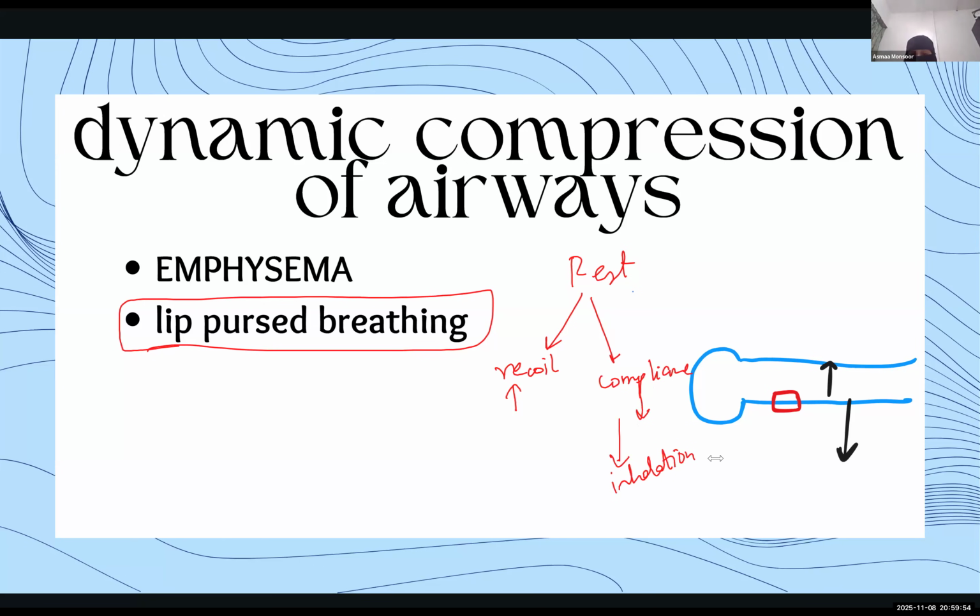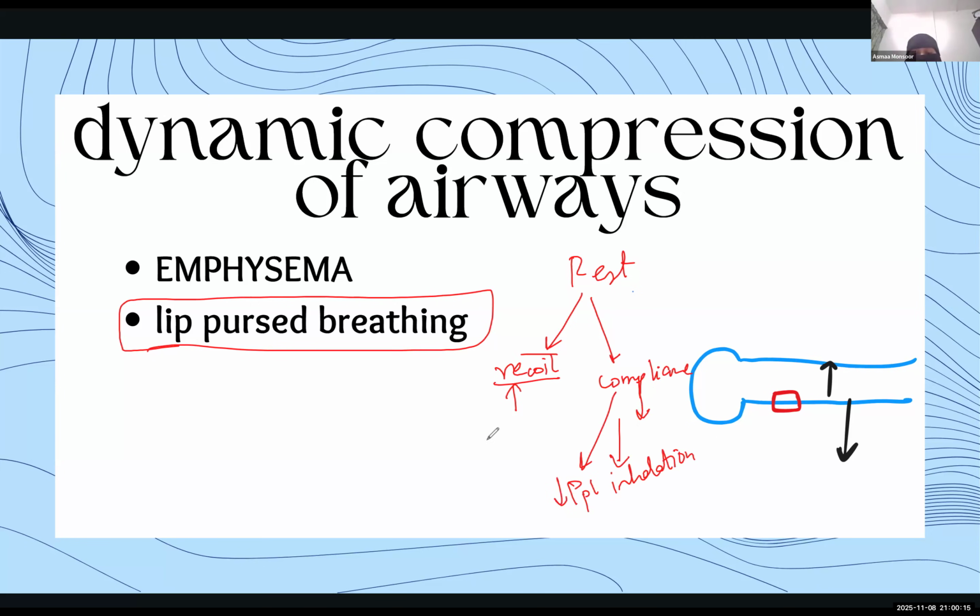But there's also increased recoil. The decreased compliance means the lung is not able to expand properly, and this will affect the pleural pressure, leading to decreased pleural pressure.